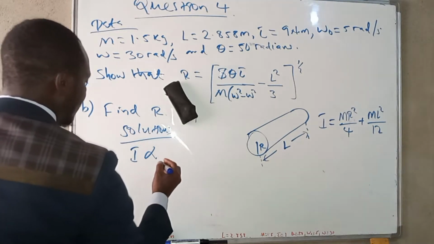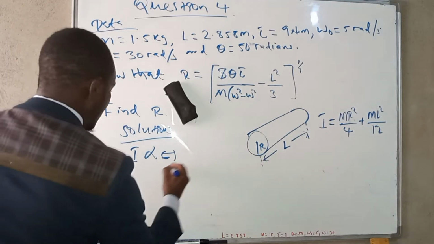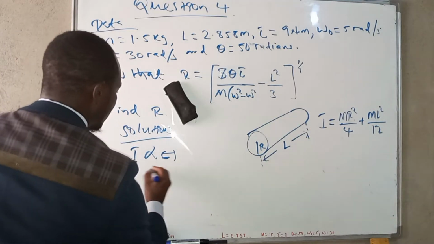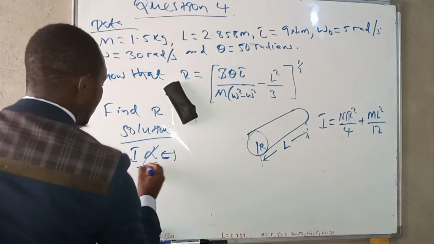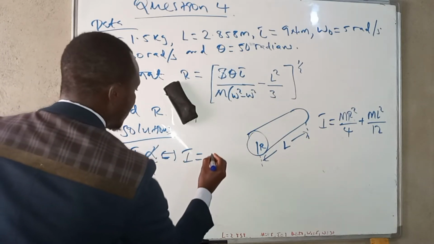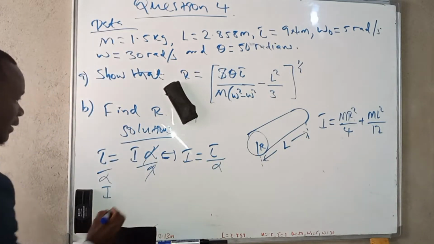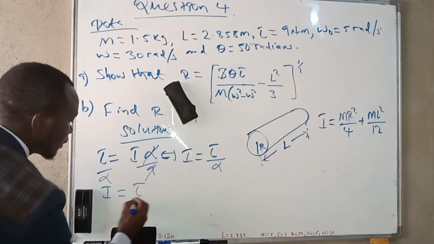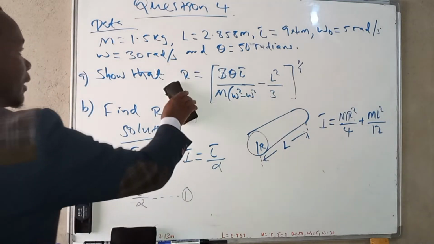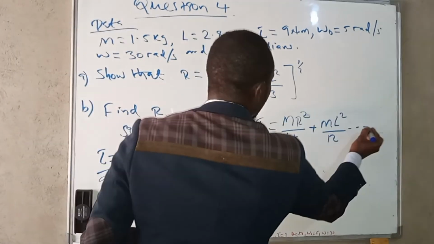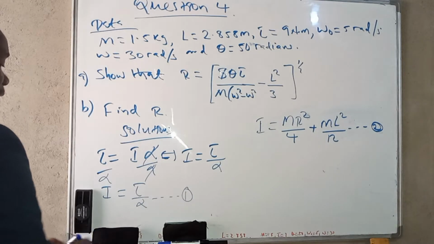So from this point, we can divide by alpha, and we're going to get I equal to torque over alpha. Let us call this equation 1. So let me just erase this part. If this is equation number 2, we can equate the two equations.